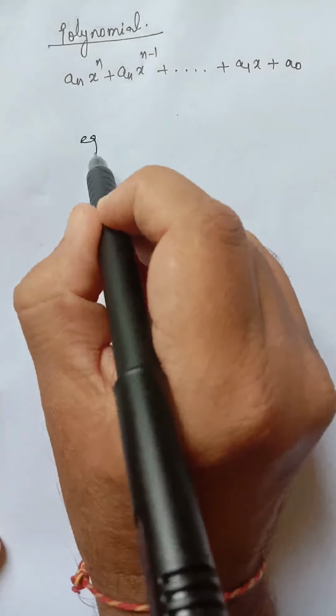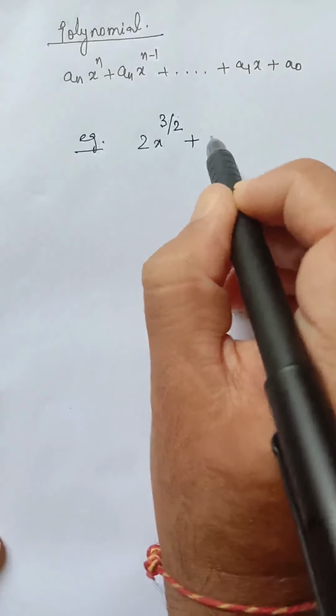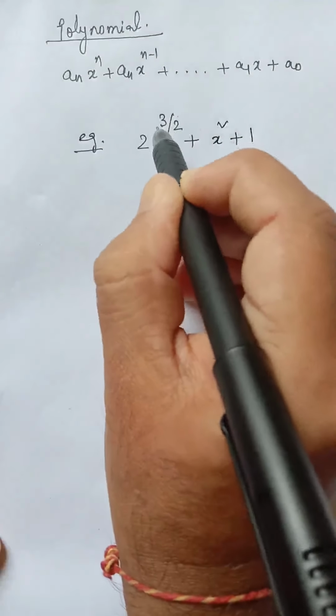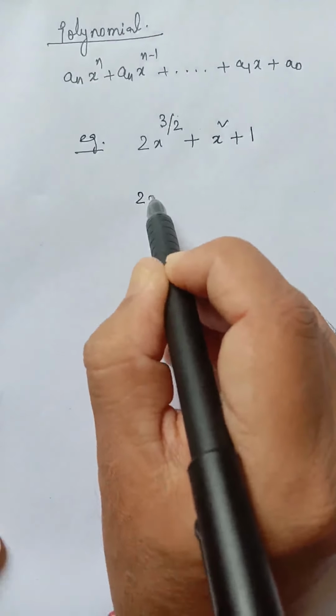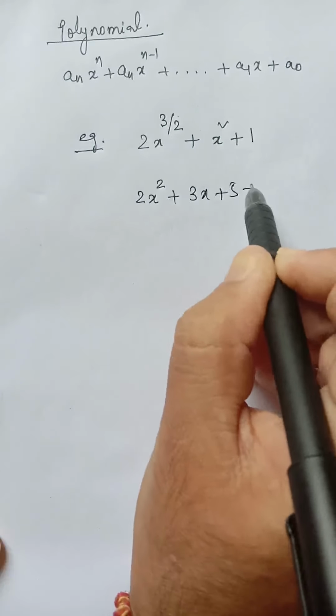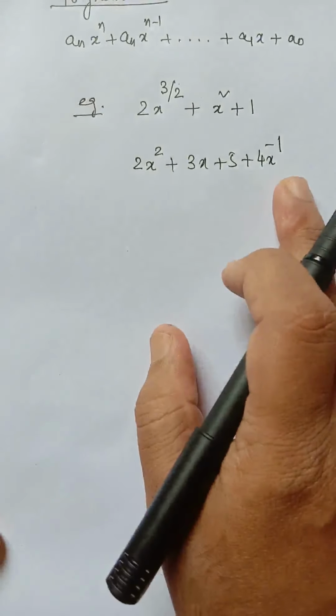For example, 2x to the power 3 by 2 plus x square plus 1 is not a polynomial because the power of x is a fraction. 2x square plus 3x plus 5 plus 4 into x to the power minus 1 is also not a polynomial.